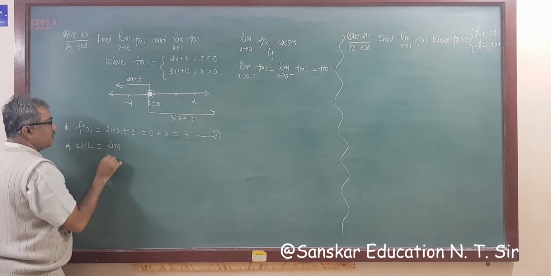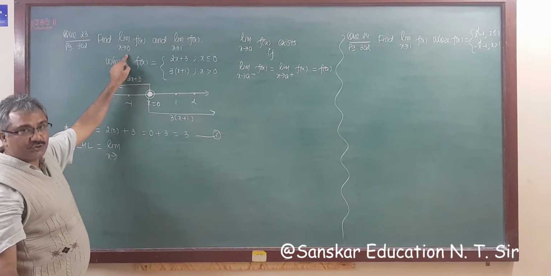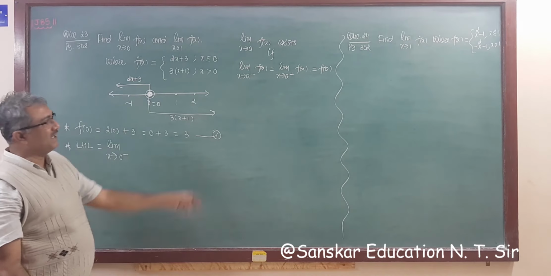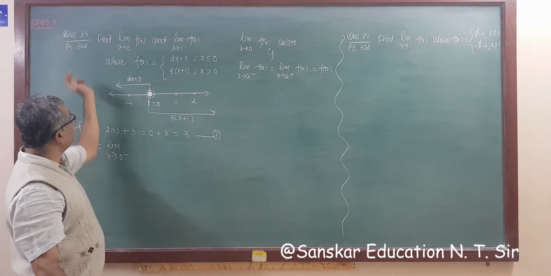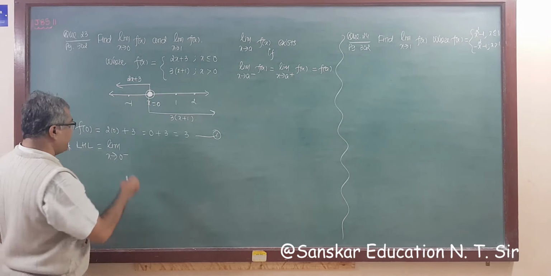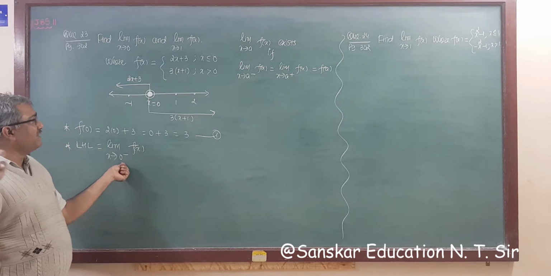Limit x tends to a from left. Here a is 0, so x tends to 0 from left, f of x. Now the meaning of this is x less than 0.